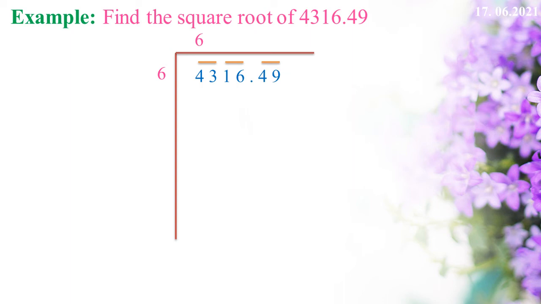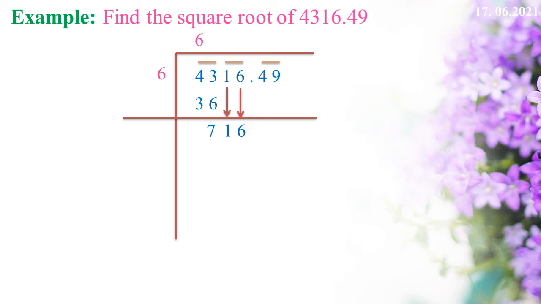Next, multiply 6 and 6. We will get 36. Next, we should subtract 36 from the first period 43. We will get 7 as the remainder. Next, bring down the next period to the right of the remainder. So, 716. Now, obtain the new divisor by taking 2 times the quotient.